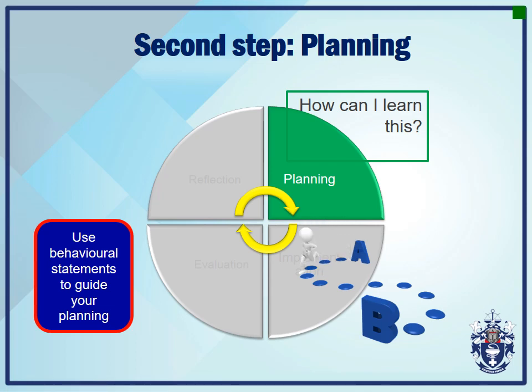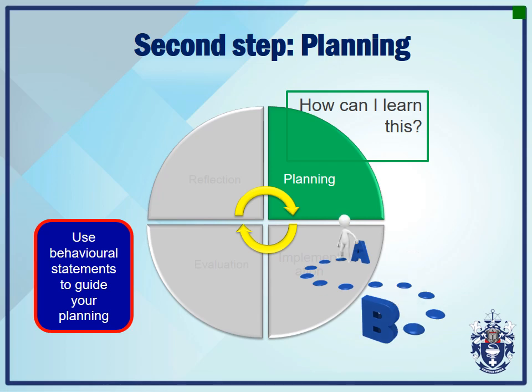Here you would use your behavioral statements to guide your planning. So for example, if you look at domain 1 and competency standard 1, competency 1.1 says promotion of health and wellness. Now, if you look at that particular competency, you would want to have a look at your behavioral statements in order to guide your planning.